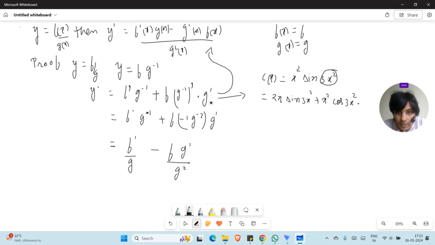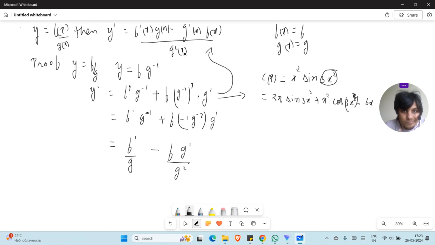Now if someone was getting confused about how we got this g prime, here you have it: cos 3x square into the derivative of 3x square, that would be 6x, I'm so sorry. So that is how you get to this point, and then we do some simplifications.